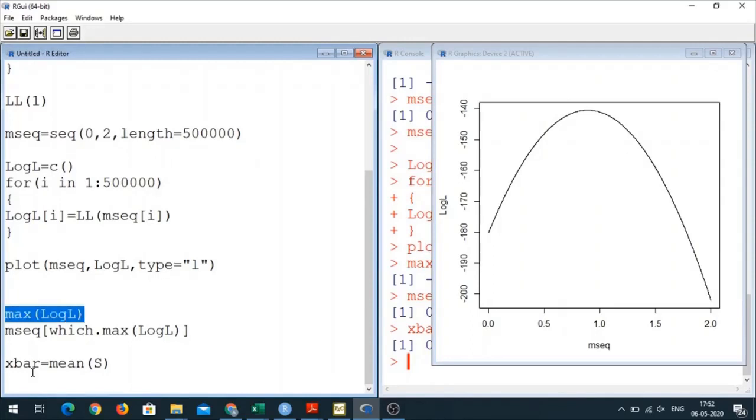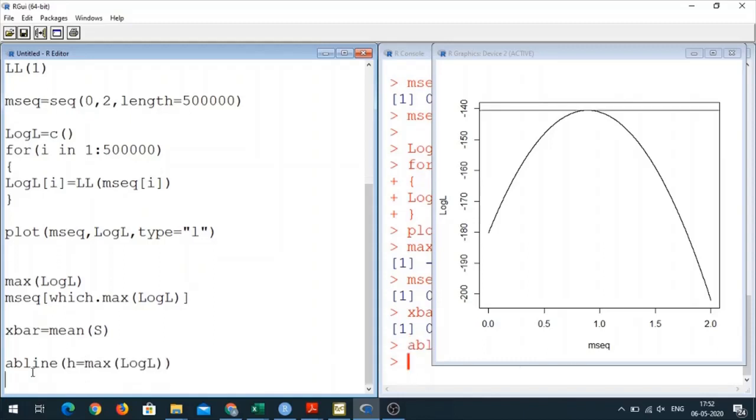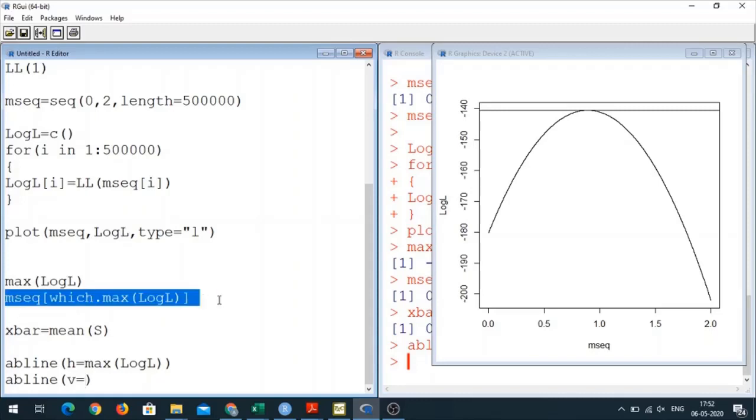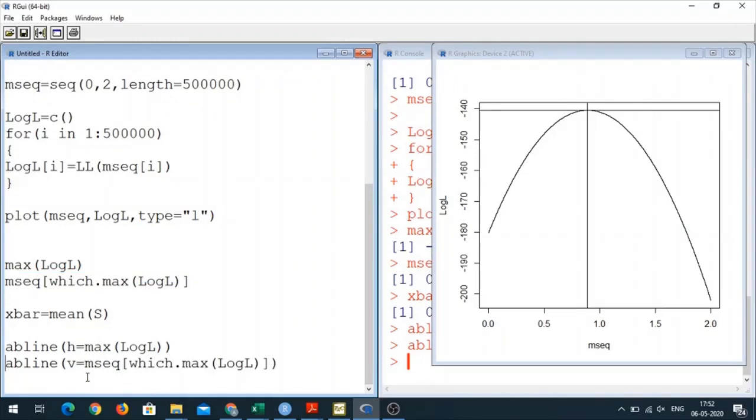For the maximum of log likelihood, I will draw a horizontal line there, so abline h equal to this, and then abline v equal to the point at which the maxima is attained. This way I am indicating the maxima in the graph.